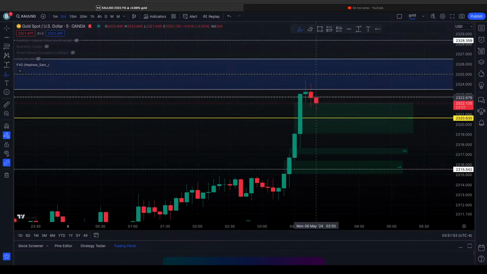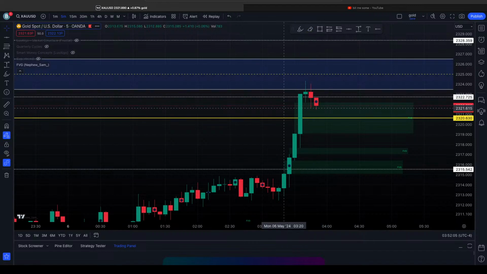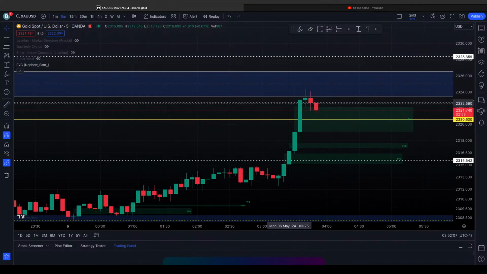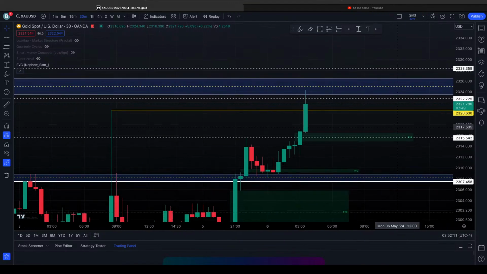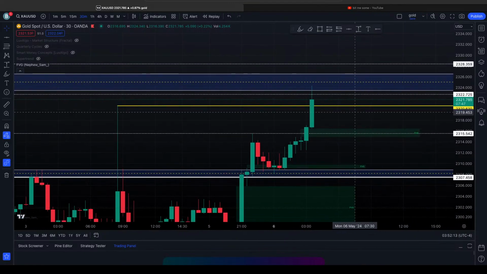So look, what I'm thinking is going to happen is this is going to close like that. It's going to create a top wick, and then it's going to continue down into this range again. Let's see how it goes. I just want to see if it plays out, because if it does, it'll give me a little bit more confidence that I'm on the right track of what I'm thinking about.